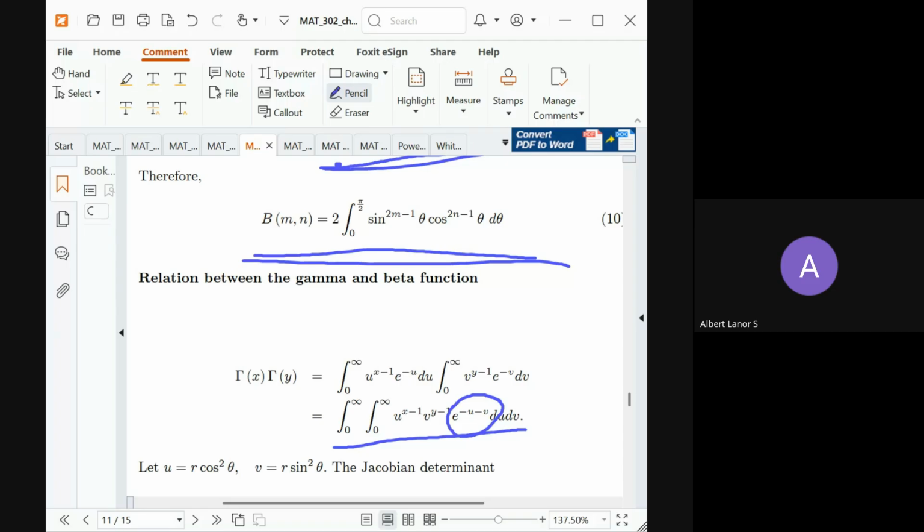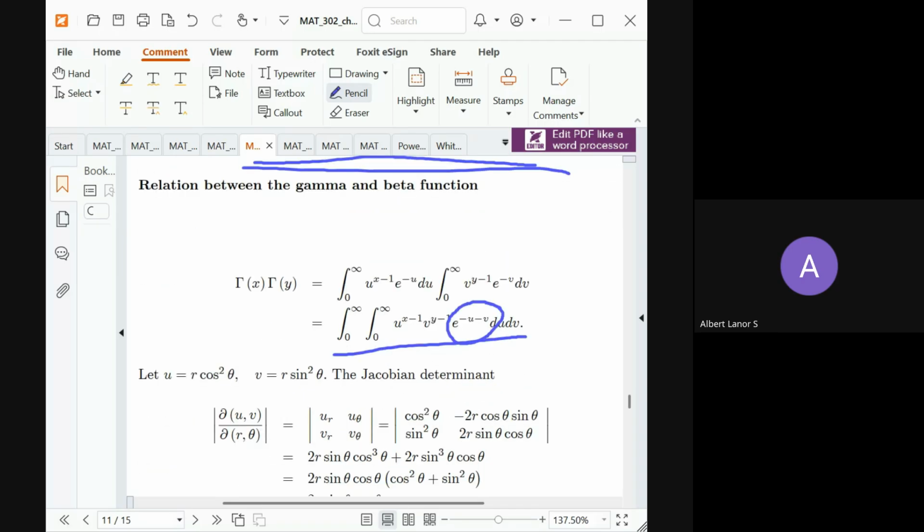Now, we are going to transform everything to the polar and integrate. So we'll set u to be equal to r cos squared theta, and you set v to be equal to r sine squared theta. Then you find the Jacobian determinant.